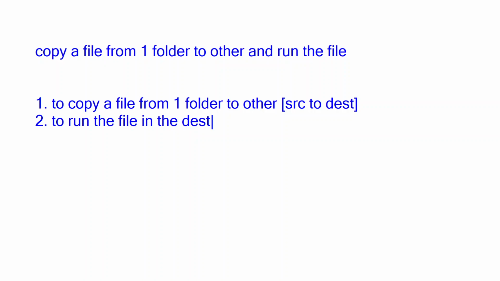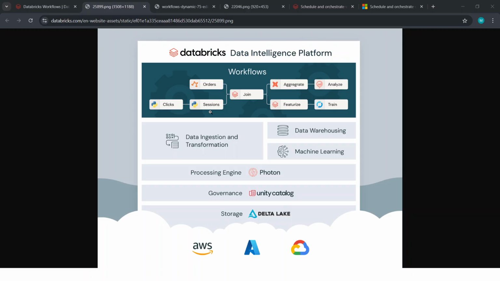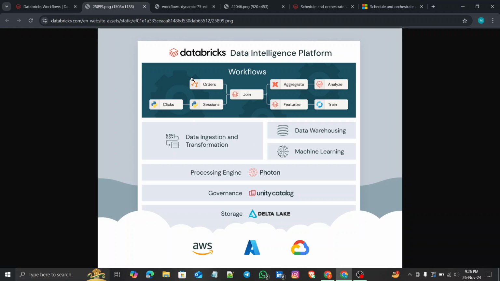Similarly, in real-time scenarios for the different workflows or activities, we can create the tasks, add the dependency for each task to accomplish, and make use of a trigger for the particular workflow or job.